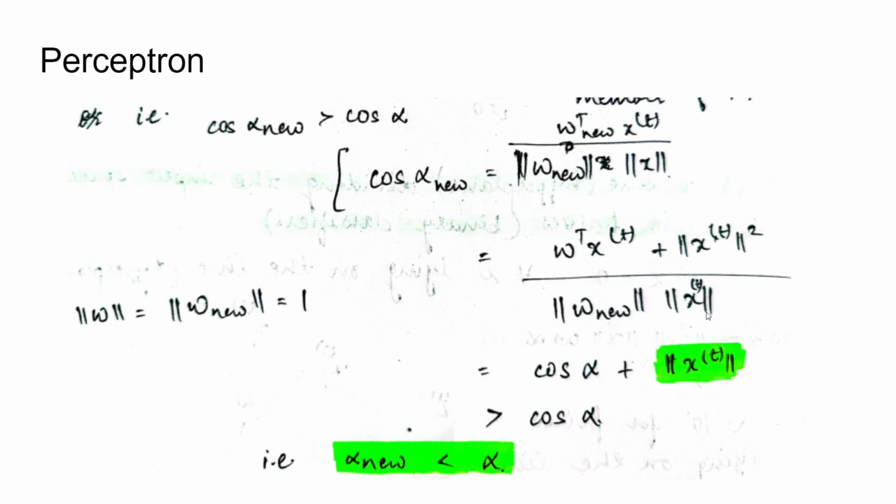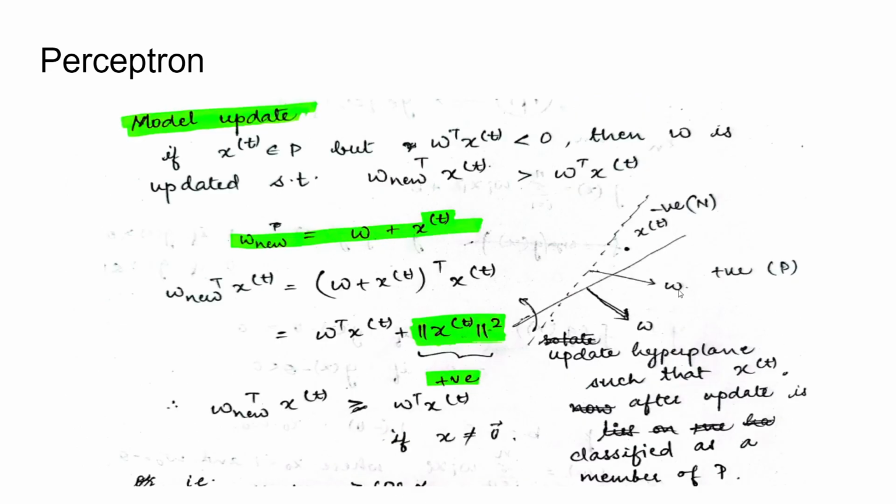Because this square will cancel with this, we are left with only one norm of x of t, and this norm of w new is nothing but 1, which means this cos alpha new is definitely greater than cos alpha because of this added positive term, which means the angle has been reduced, and that's what is being shown here. So initially the angle between this x and w was large, and the angle between x and this updated w is less.